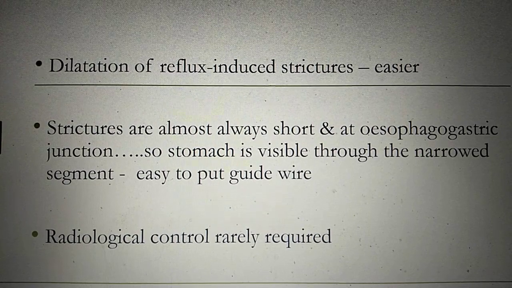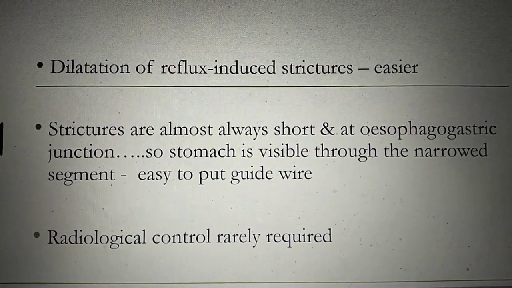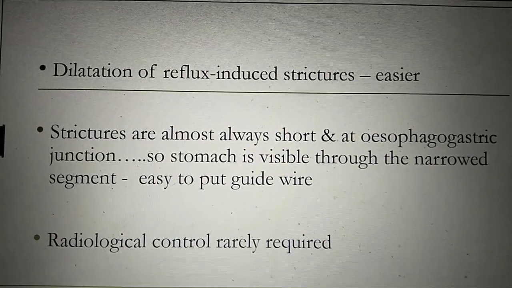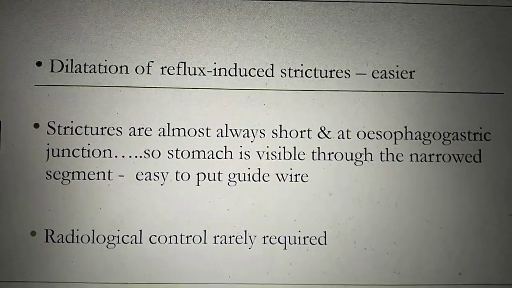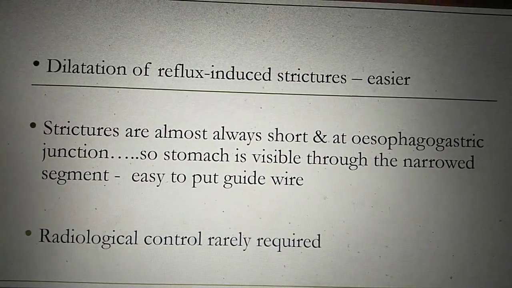If we can see the stomach, we can easily put in the guide wire, and after that the procedure can be repeated over the guide wire, as already discussed. In this case, radiological control is rarely required.